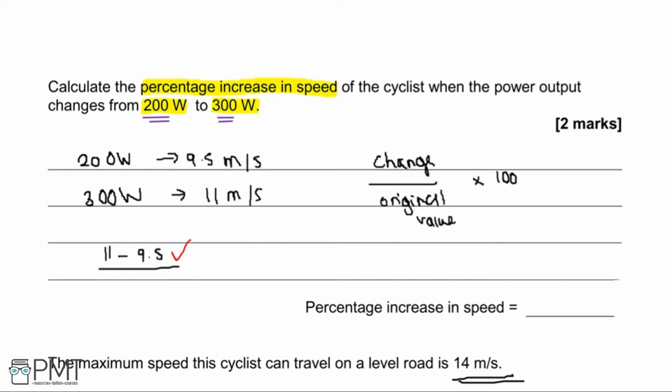And then our final mark comes from putting in the original value, which was the speed when the power was 200 watts, and that is 9.5, and multiplying that by 100. What that gives us is 15.8%. And that is the final mark, the second mark there.